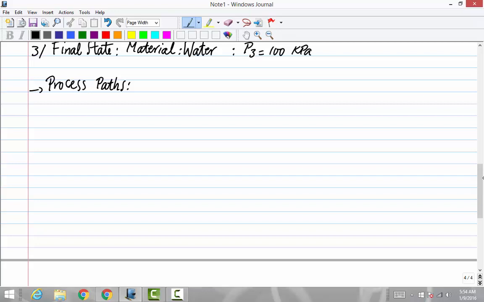We have 3 states, so it means that we're going to have 2 processes. The first one is from checkpoint 1 to 2, state 1 to state 2. And again, let's go back to the question. It says, the second sentence, the water is allowed to cool, so it's cooling at constant pressure, and the pressure is constant.